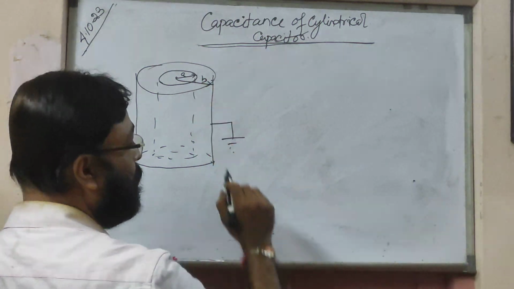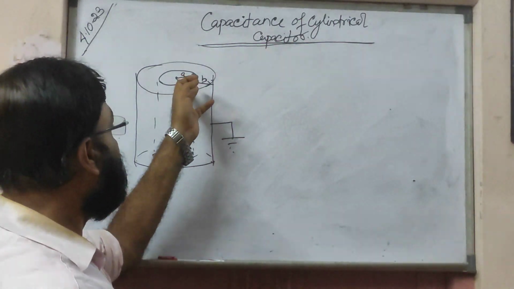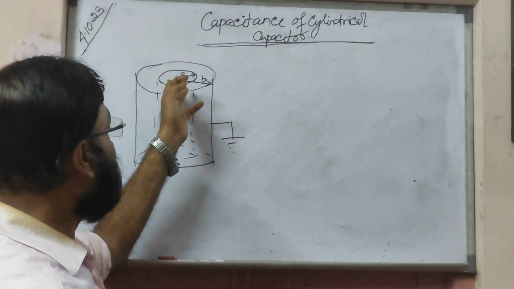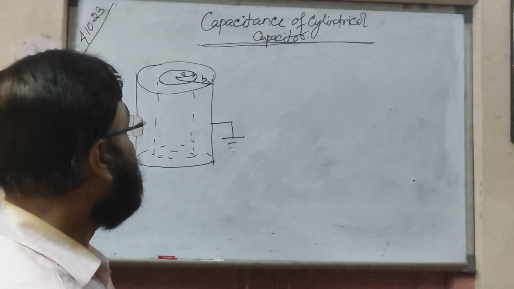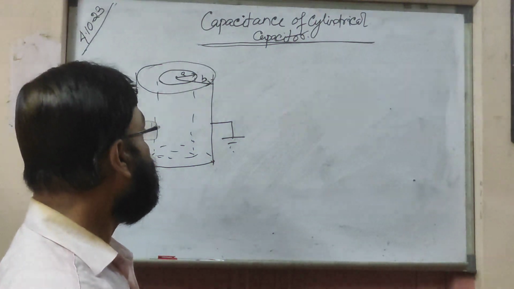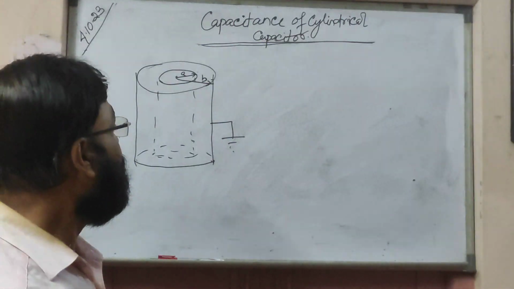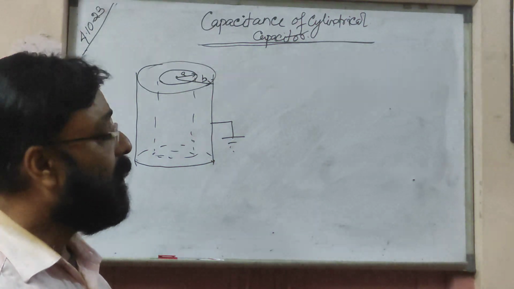That means the inner is a solid cylinder having radius A, and the outer cylinder is a hollow cylinder, and these are coaxial. The outer cylinder has radius B.